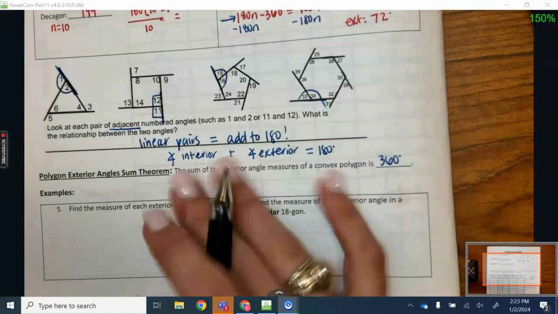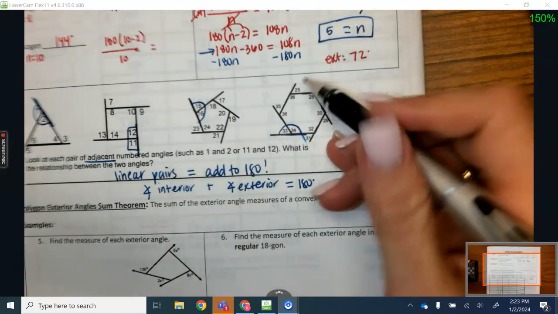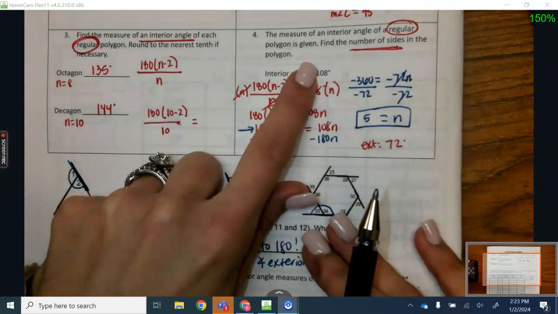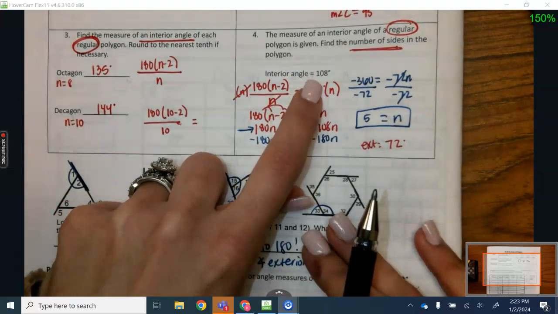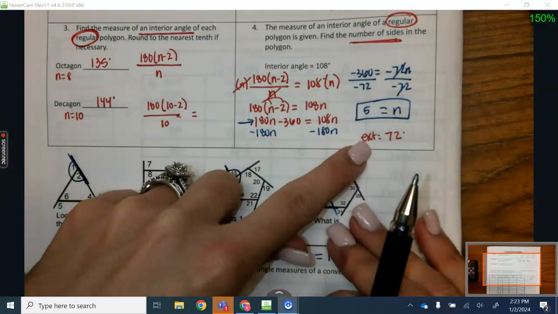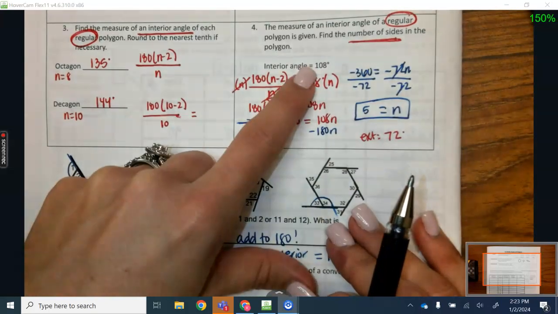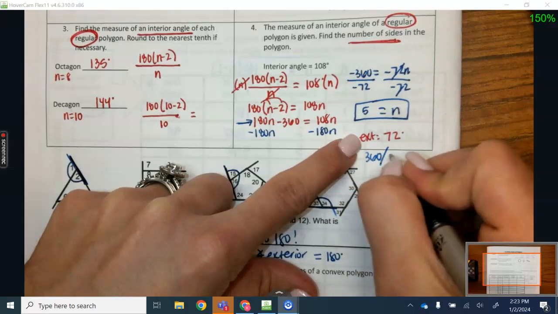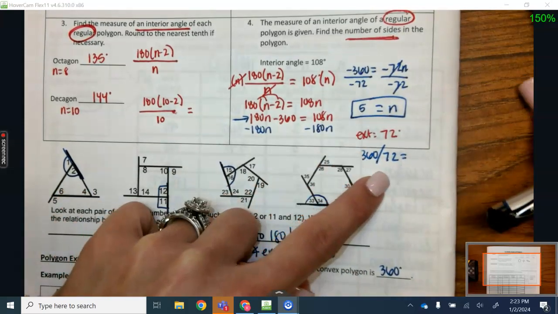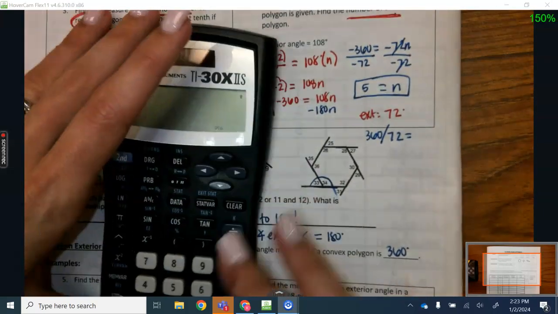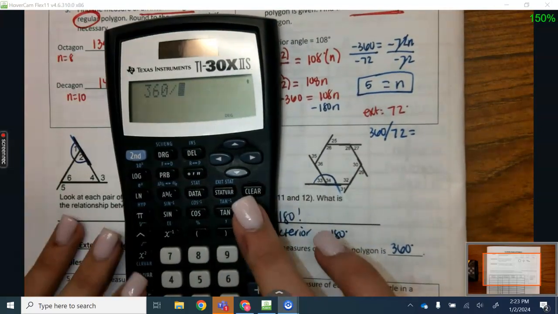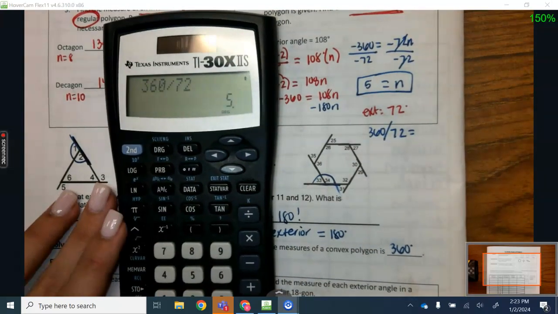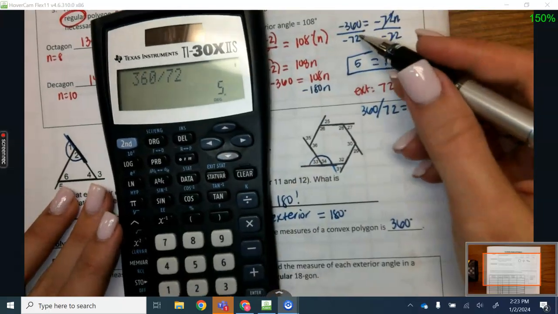or exterior. So back here, if I want to find the number of sides and I'm given an interior angle, figure out what the exterior angle is, right? 180 minus the interior. Take your sum of exterior angles and divide it by that exterior angle, 360 divided by 72, I get 5, which is what we did over here too.